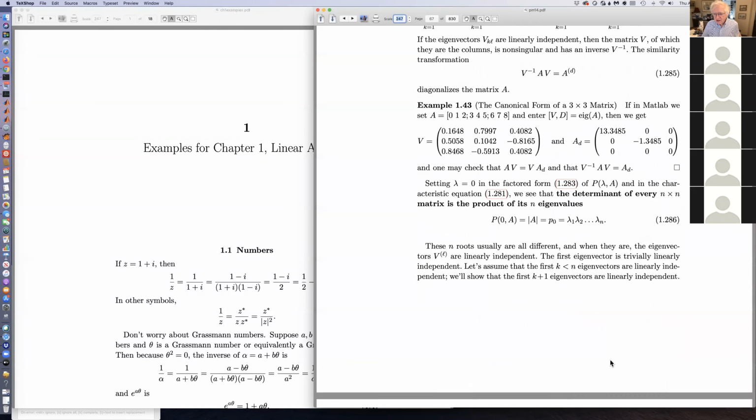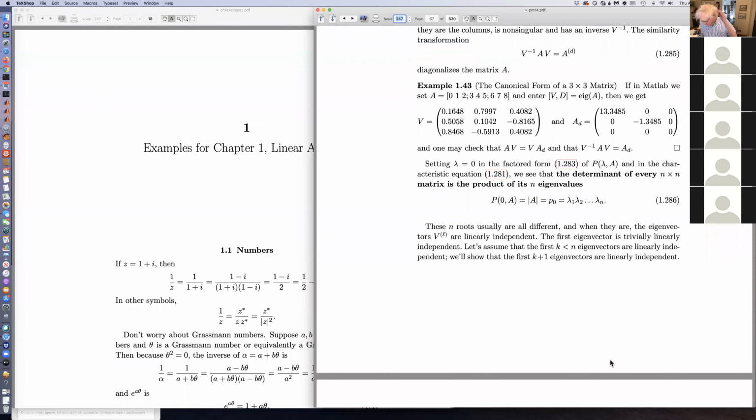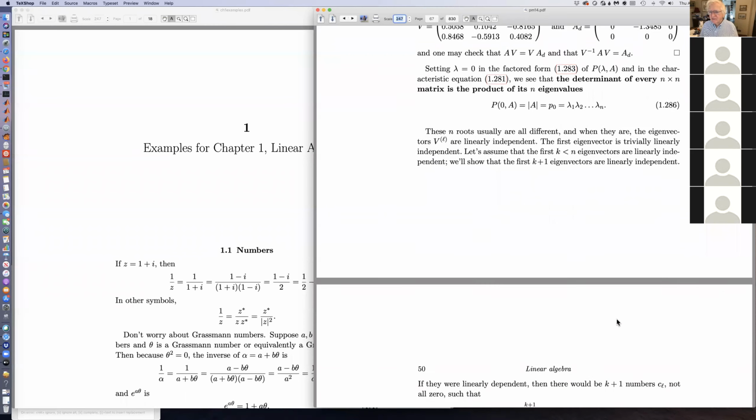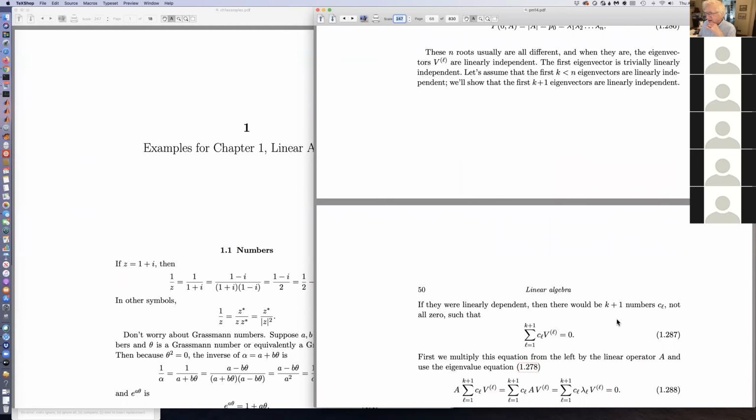And now in general, or as sometimes people say, except for a set of measure 0, the n roots usually are all different. And when they are, the eigenvectors are linearly independent. And we can show that by a proof here.